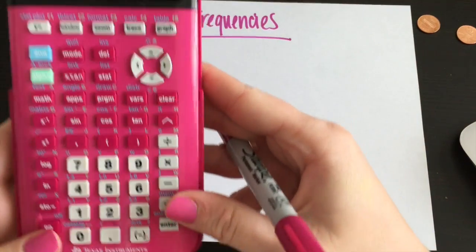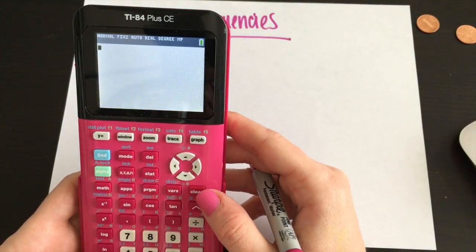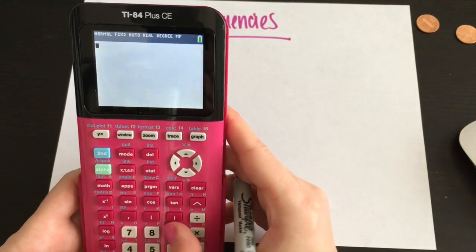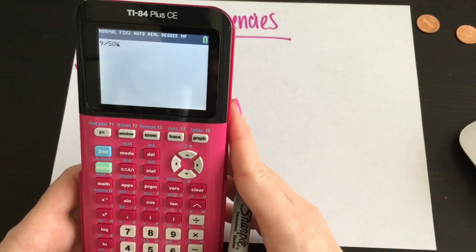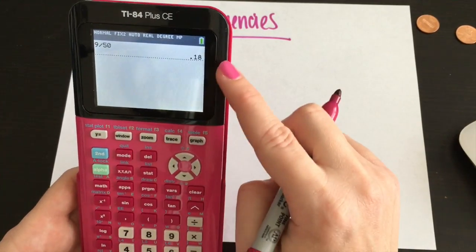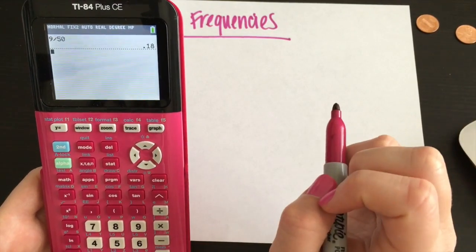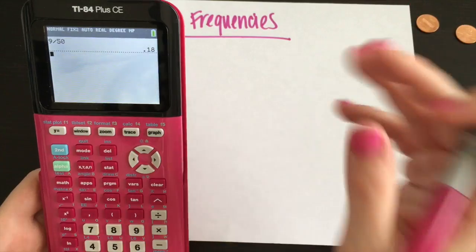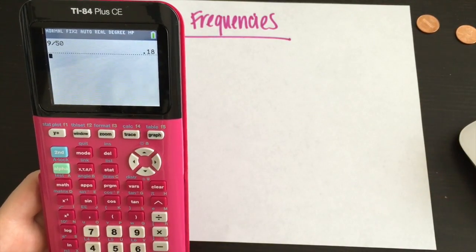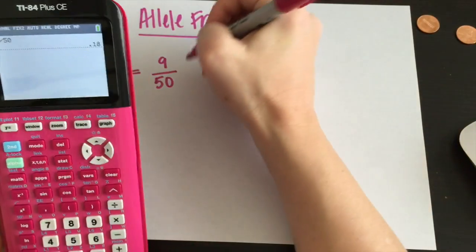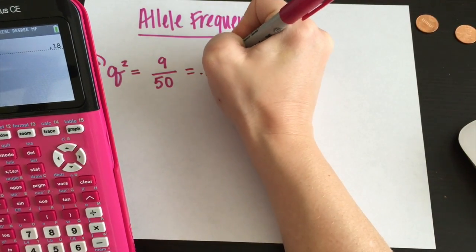So let's go ahead and do that math. And I want to make sure you can see it. So 9 divided by 50. And I'd say it's safe to just go ahead and do everything to 2 decimal places. Go with what your teacher says, but I think it's best to get in the habit of rounding everything to 2 decimal places and just stay consistent. So we're going to say this is 0.18.